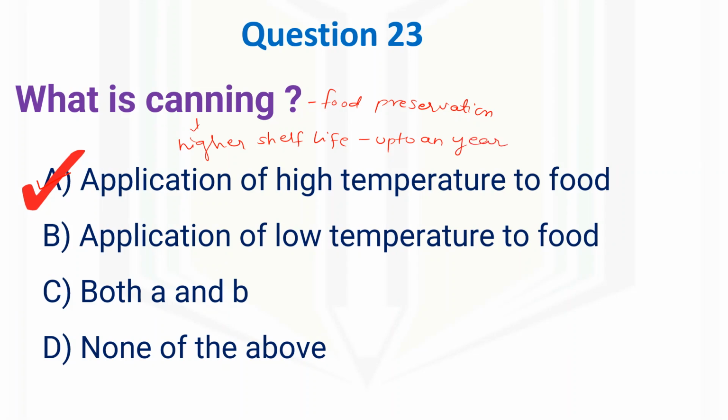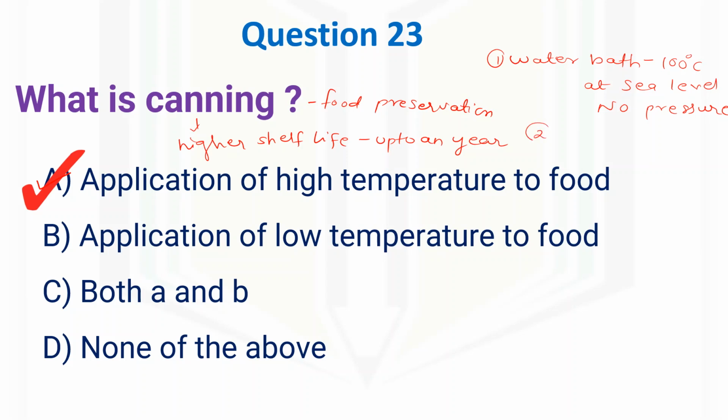Depending upon the methods, there are two methods of canning. One is water bath canning. This is done at a temperature around 100 degrees Celsius at sea level, and no pressure applied.